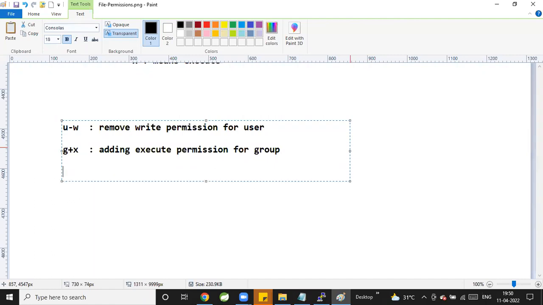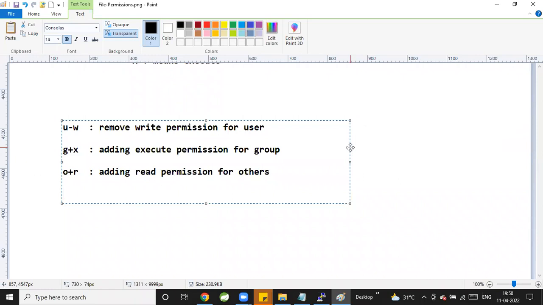Okay. Now o plus r. Tell me what is o plus r? Adding read permission for others.